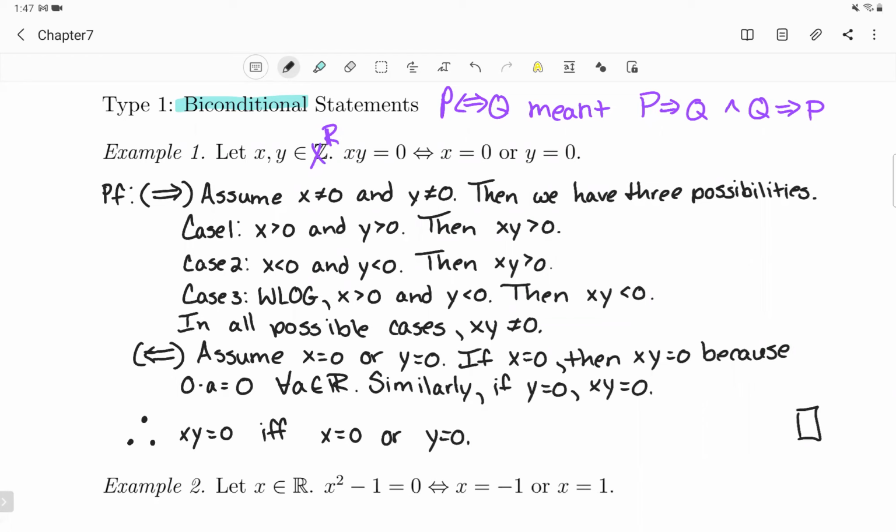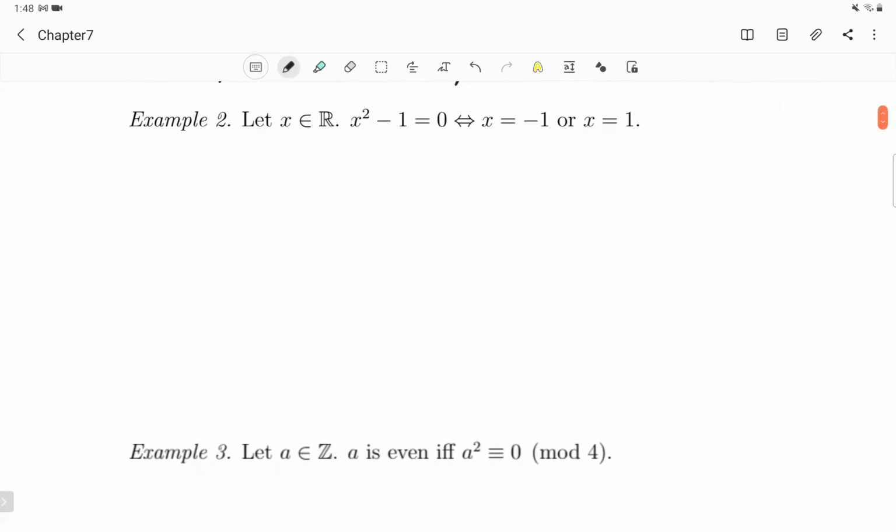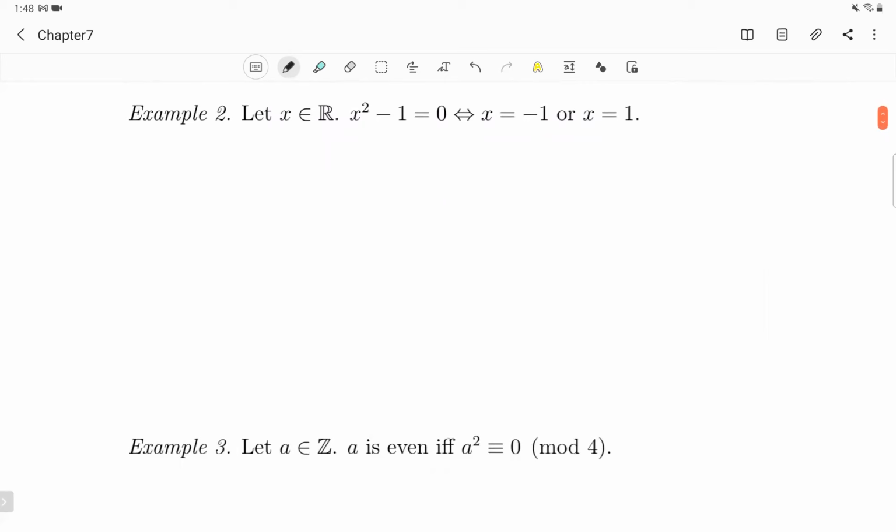All right. So let's look at the next example. And in this example, we're going to use that previous result, actually. So we're going to let x be a real number. We want to show x squared minus 1 equals 0 if and only if x equals -1 or x equals 1. You probably did this a million times in middle school or high school algebra, right? But we're going to actually prove it. So proof.